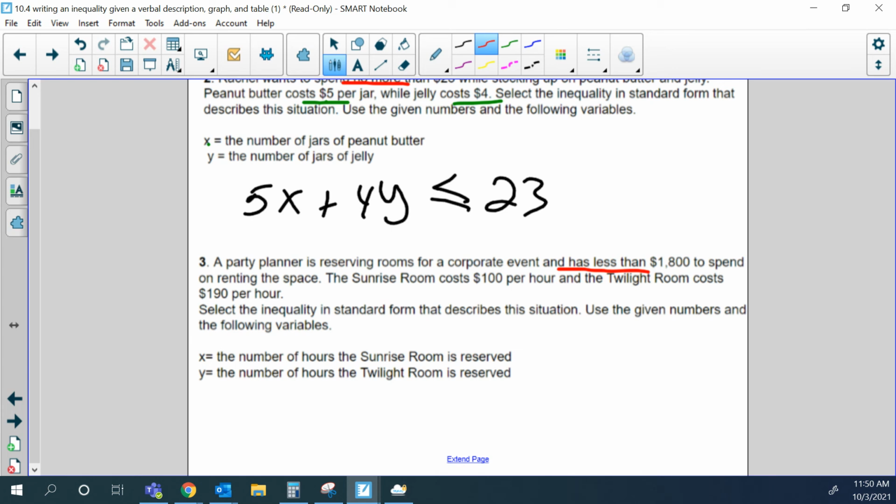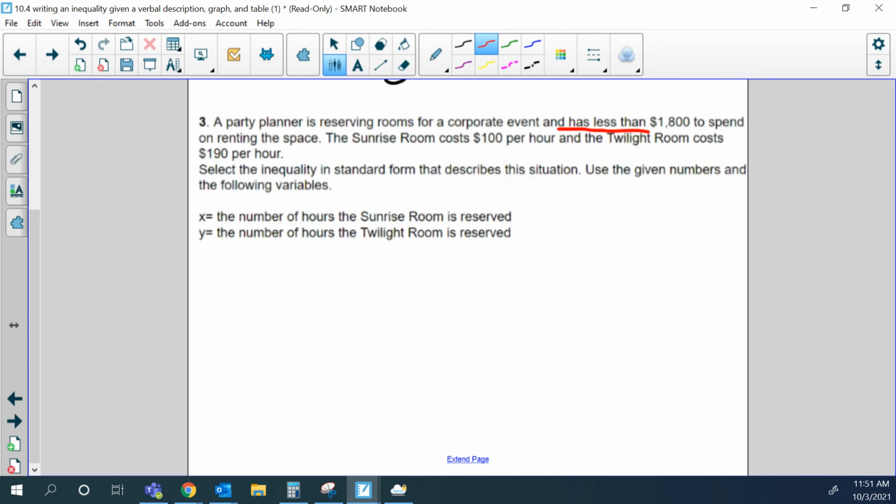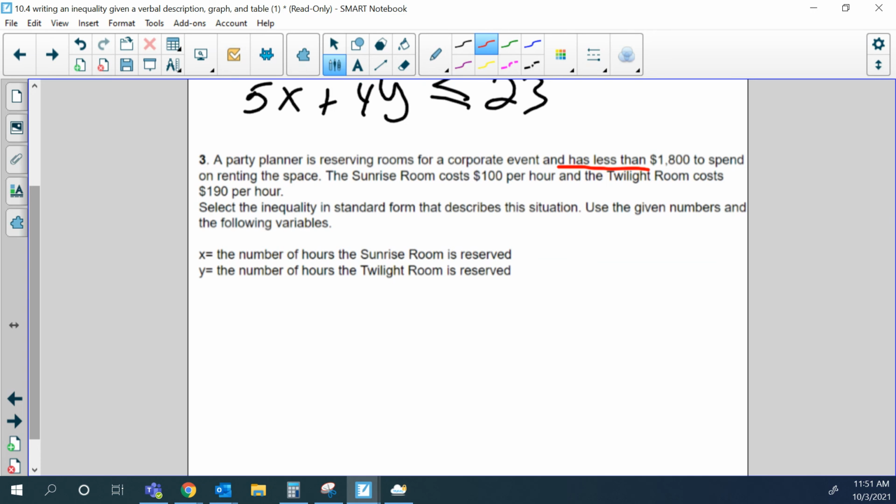So what is going to be our inequality? If you look at the chart, less than, that's going to be less than $1,800 she has to spend. So that's our limit right there.